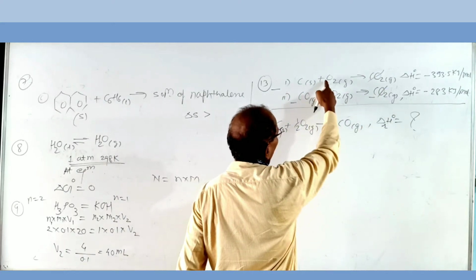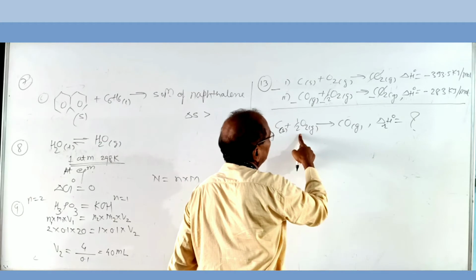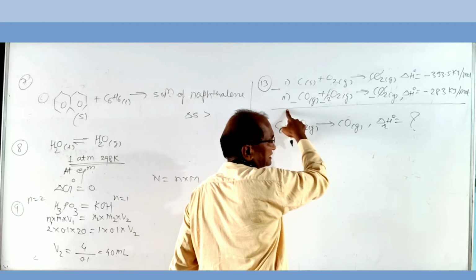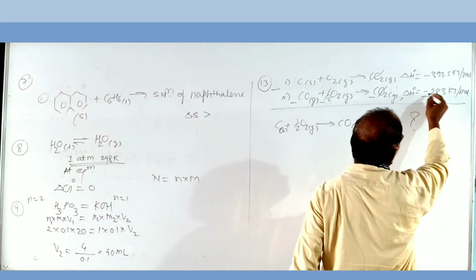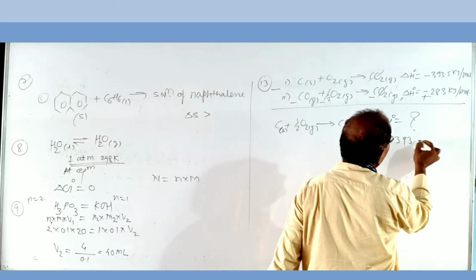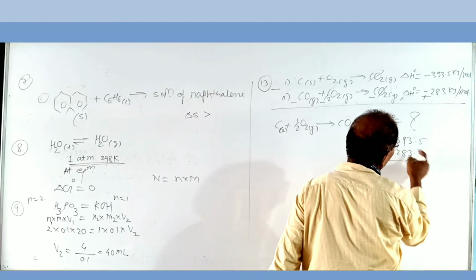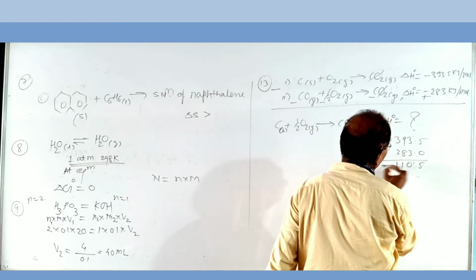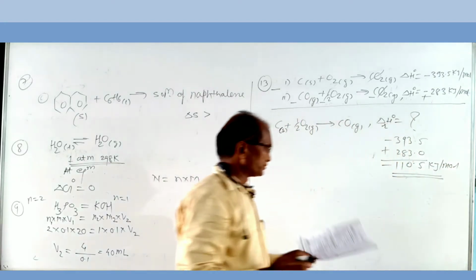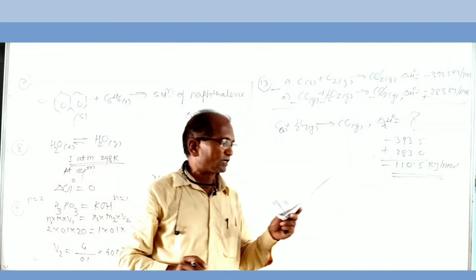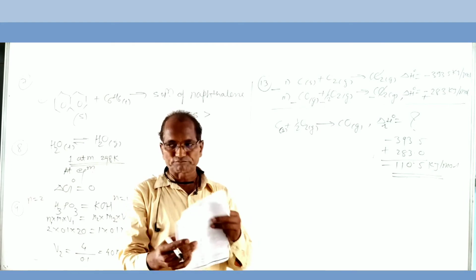Carbon solid cancels. O2 plus and minus half O2 remains half O2. CO gas on the reactant side is negative; transfer it to the product side and it becomes positive. Delta H0 here becomes plus: minus 393.5 and plus 283. This is our answer: minus 110.5 kilojoule per mole. That is, D is the correct answer.